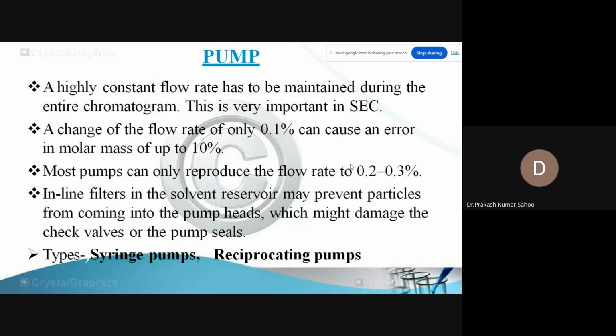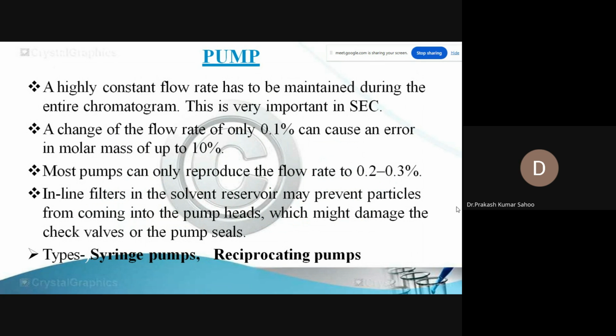Then a pump is there, used as a syringe pump or reciprocating pump. A highly constant flow rate has to be maintained during the entire chromatogram. This is very important in SEC. A change of the flow rate of only 0.1% can cause an error in molar mass of up to 10%. Most pumps can only reproduce the flow rate to 0.2 to 0.3%.